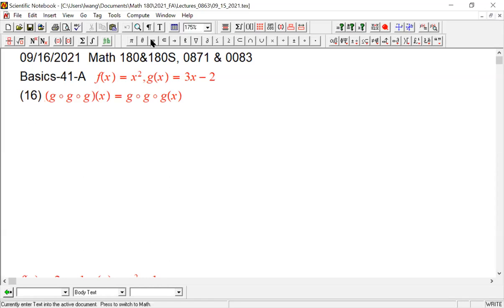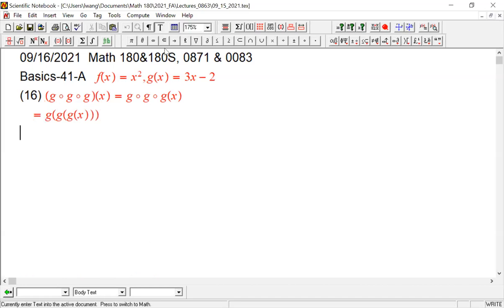When you compose two functions, you will have, like, f of g. So this time we take this one function and compose it, and we have g of g of x. That's how you read it. And what does it mean?